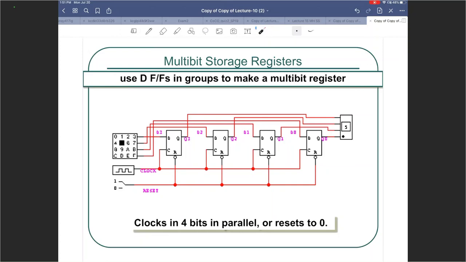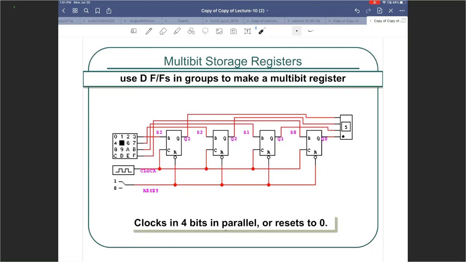There is a multi-bit storage register. We are going to use D flip-flops to make this multi-bit register. Why D flip-flops? Because they don't manipulate the data. They take in the input and they provide it at the output after the clock gets activated, right?